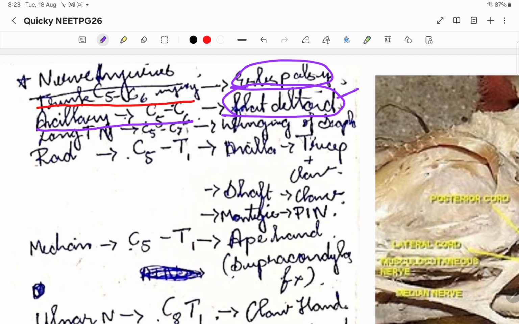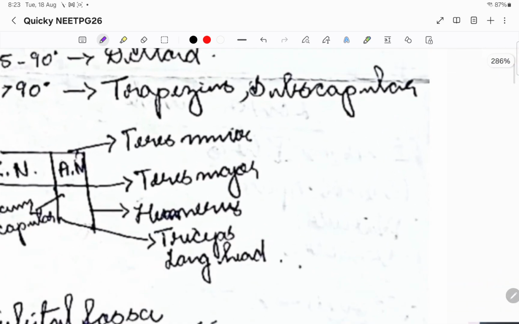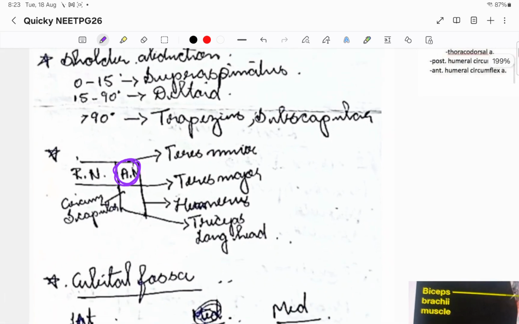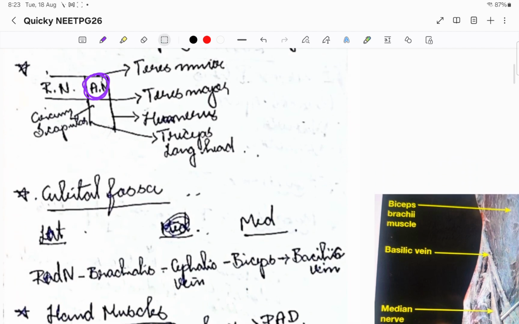The deltoid muscle will be supplied by axillary nerve, right? Where else did we learn about axillary nerve? Axillary nerve was the content of this space. I'm not gonna tell you the names of those spaces, you need not remember. That is why I'm not telling the triangle names also.